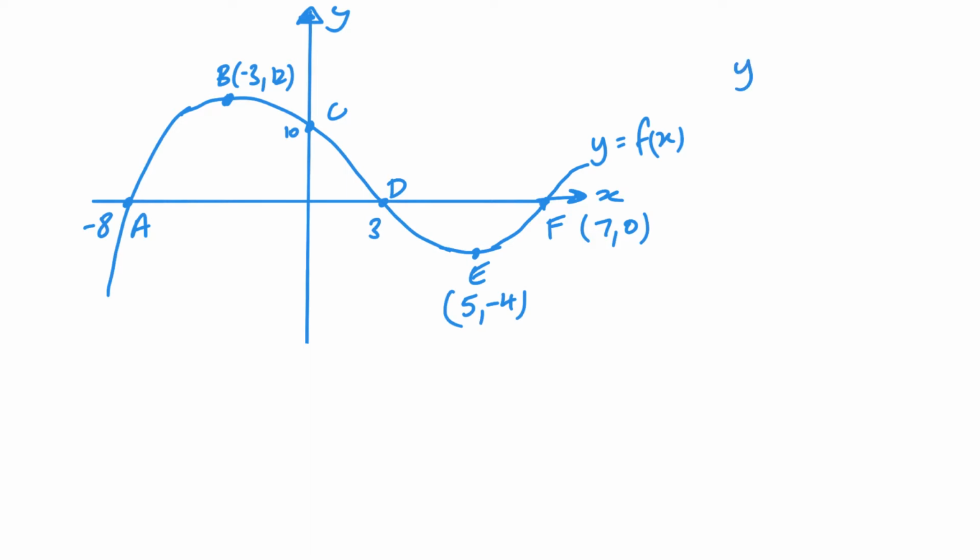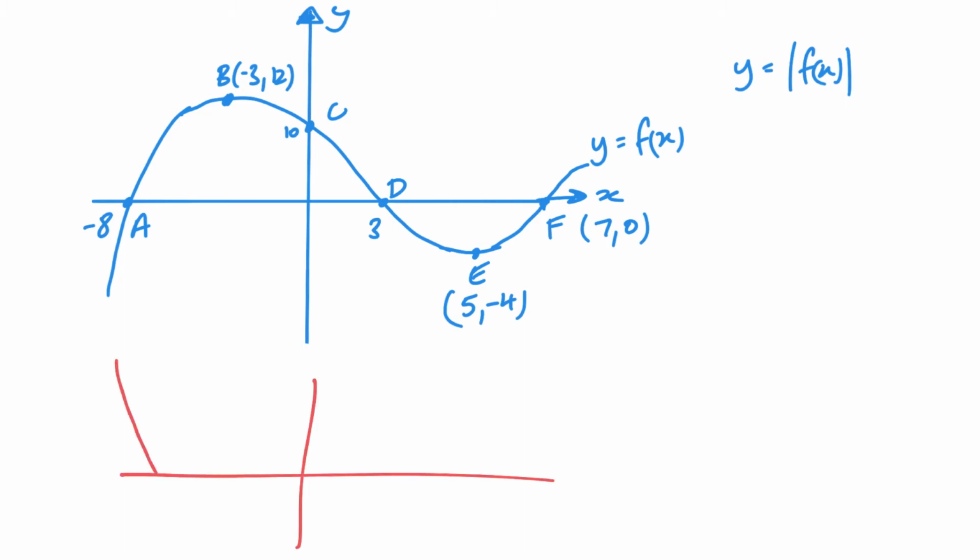So if I was looking to do y equals f of x inside my modulus sign, I know that this part of the graph and this part of the graph would become positive. So when I'm doing that kind of sketch, I know that this is coming down here.